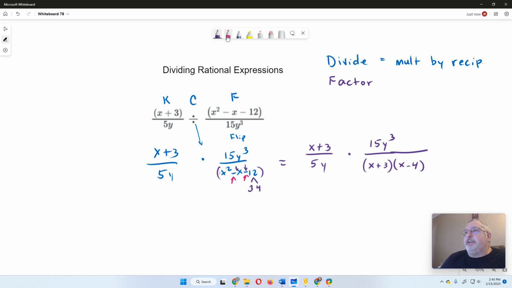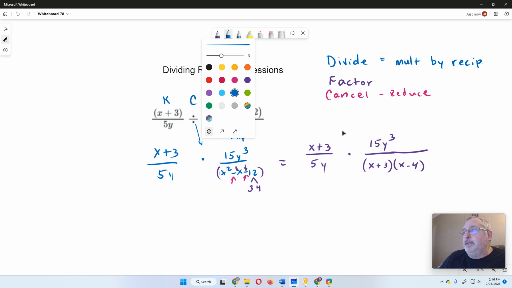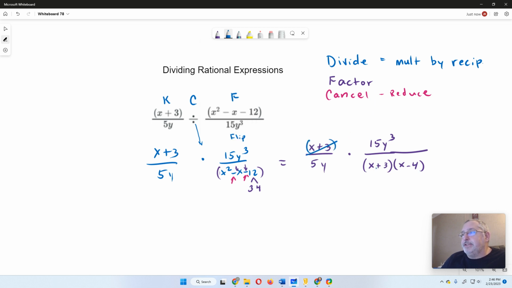Once we factor, then we try to cancel or reduce. Cancel things that are exactly the same. In this case, what's exactly the same are these x plus 3's.